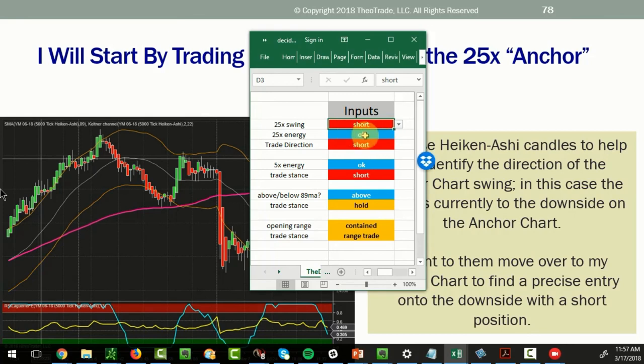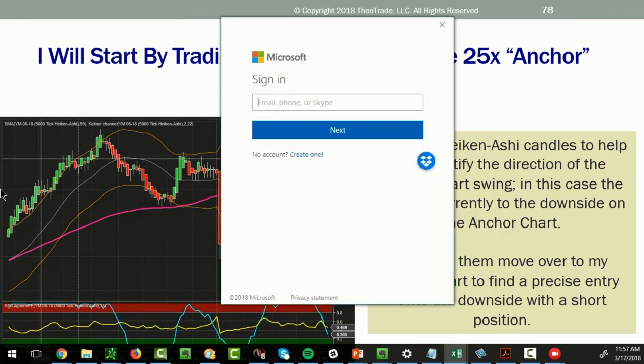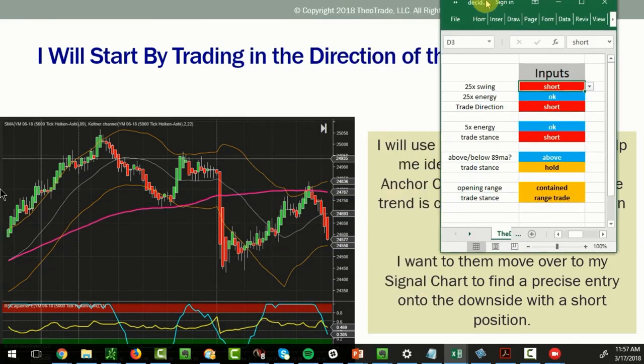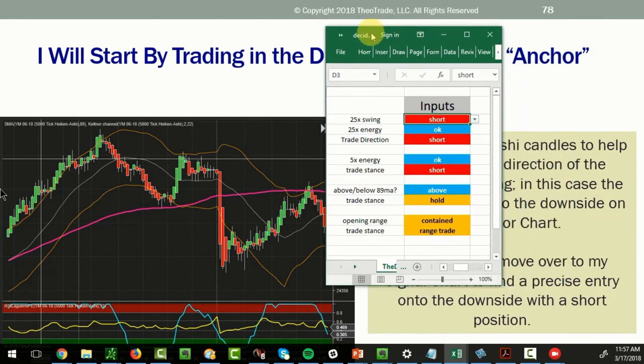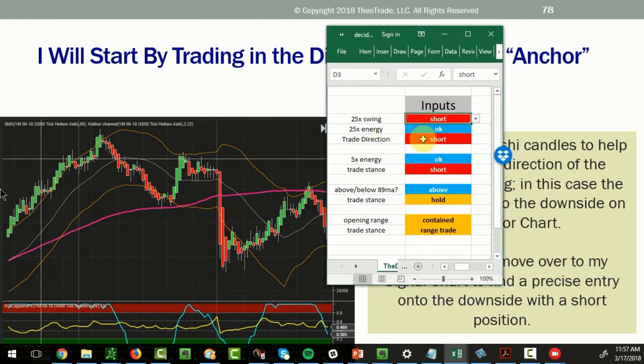How's the energy on this? Let's take a look. The energy is okay. So we need to be trading in the short direction. Now, how's our 5x energy? We don't have the chart up right now. Let's say it's okay. So our trade stance is still short.